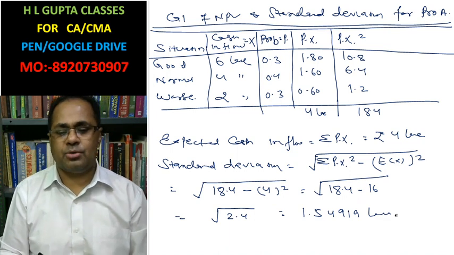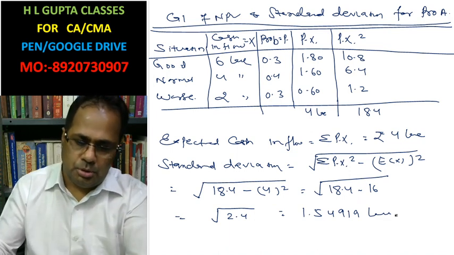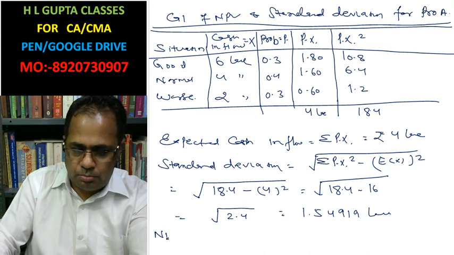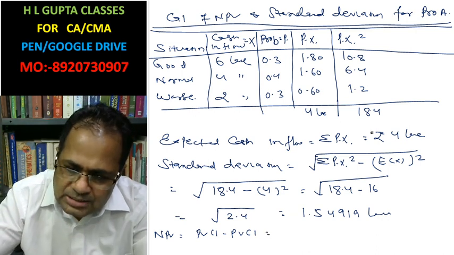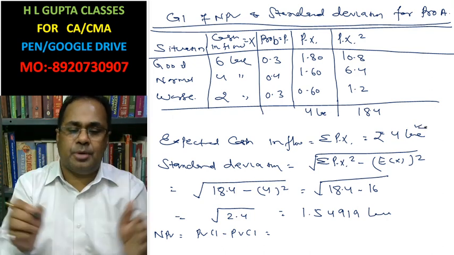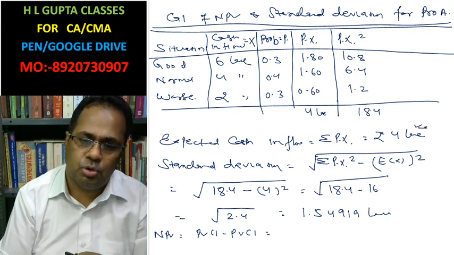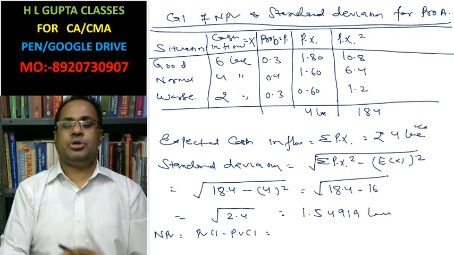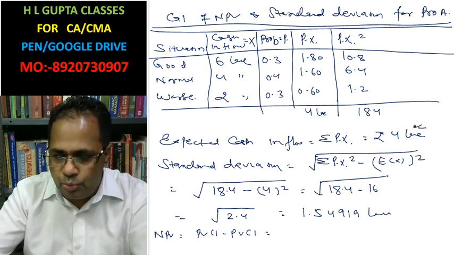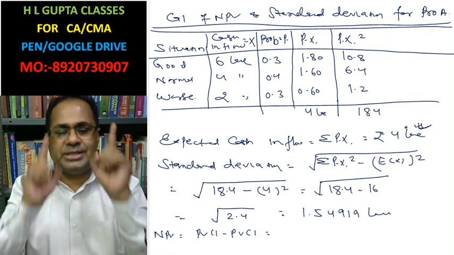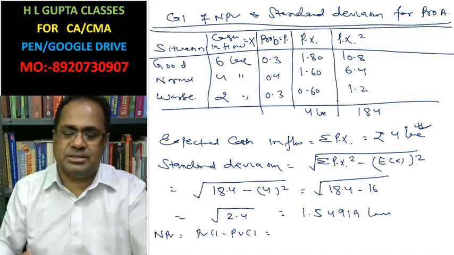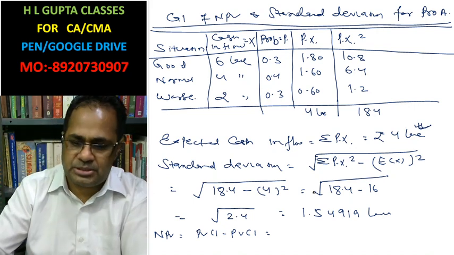Now we have to calculate net present value. Net present value equals present value of cash inflow minus present value of cash outflow. Inflow is considered to be the expected cash inflow. Wherever there are several possible cash inflows in a probability distribution, we calculate the expected cash inflow, and that is assumed as the cash inflow of the project, because it is the average cash inflow.